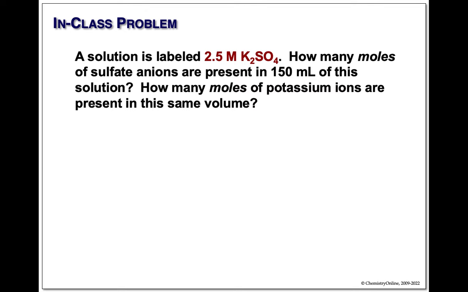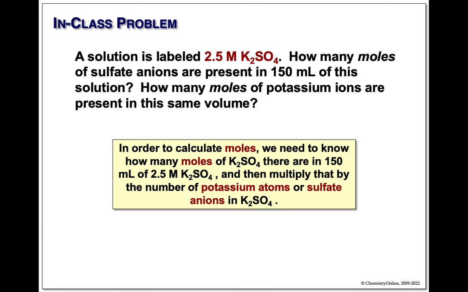How many moles of sulfate are in 150 mils? And how many moles of potassium are in the same volume? Well, we have a concentration and a volume. That gives us numbers of moles, right?